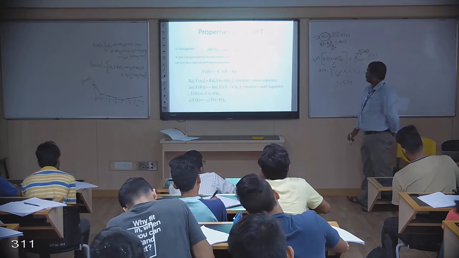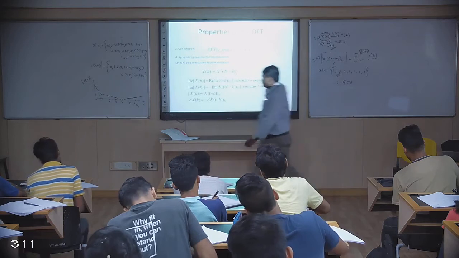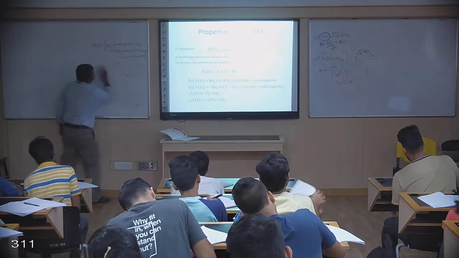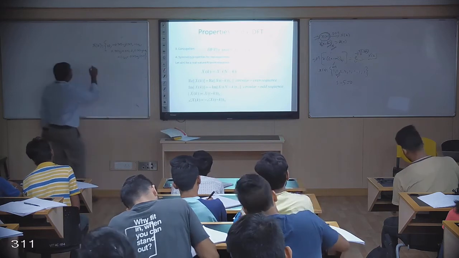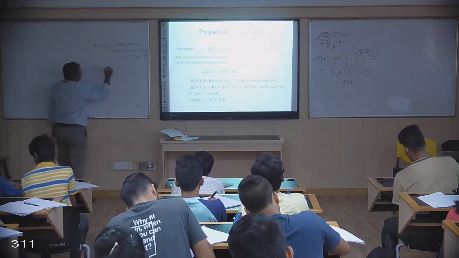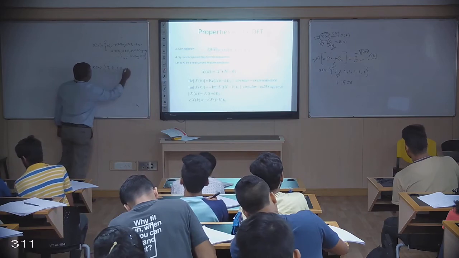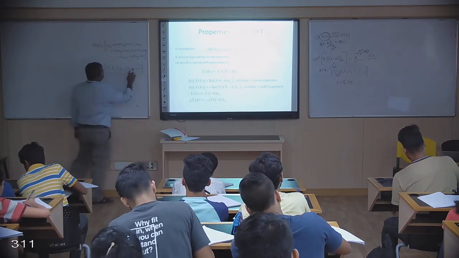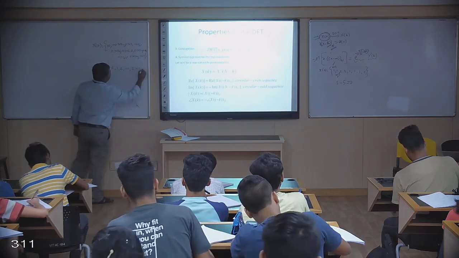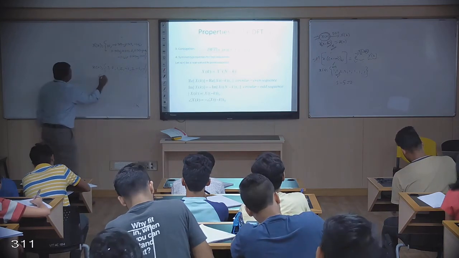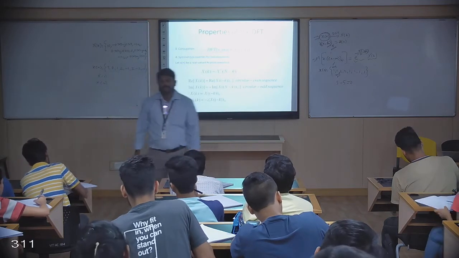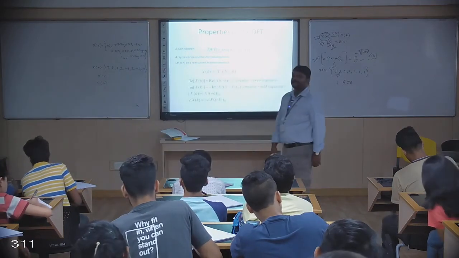Are you getting that? Let me give you one example. Find X of 0 and X of 4. Please tell me that. So how will you do X of 0?